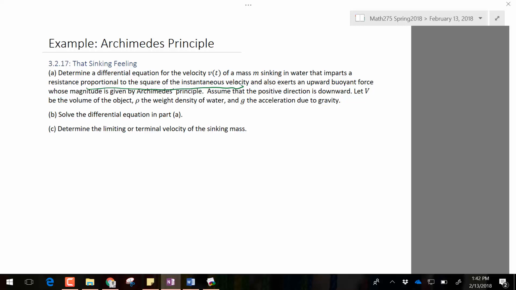I think if we think back, Archimedes' principle says something about the volume of the water. So we'll take a look at that, and then assume the positive direction is downward. Let V be the volume of the water, rho is the weight density of the water, and then we have the gravitational acceleration.